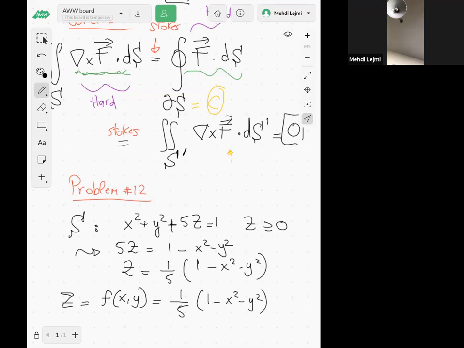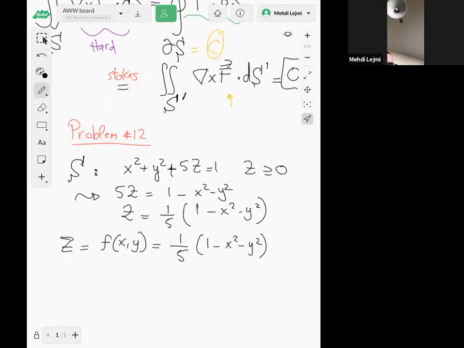So z is f of x, y, which is 1/5 times 1 minus x squared minus y squared. And we are saying z is positive, so this must be positive. In other words, x squared plus y squared is less than or equal to 1. So this is my domain.